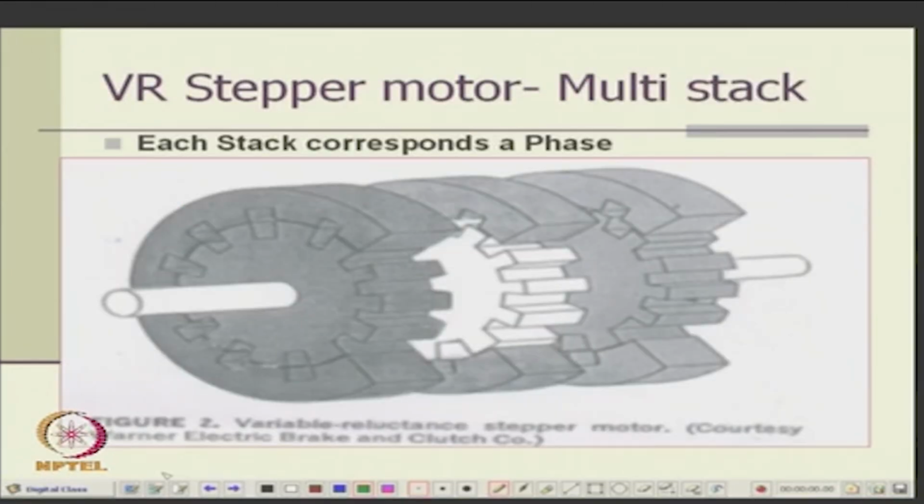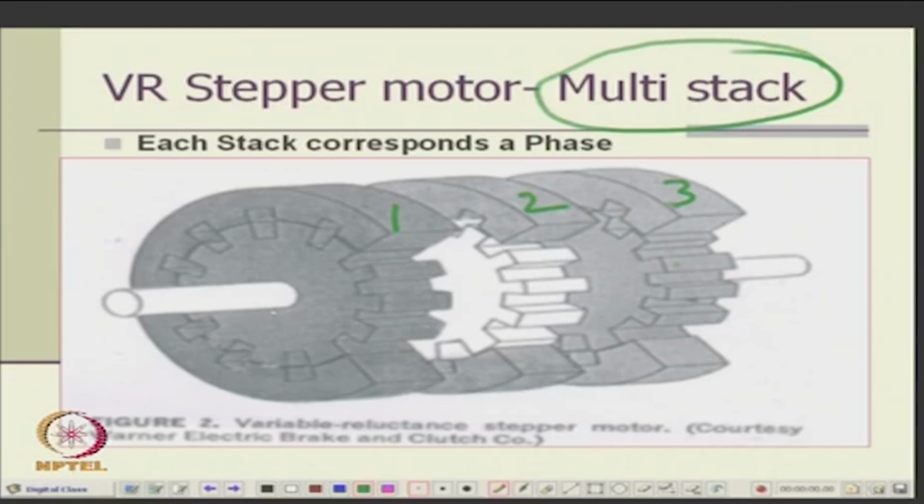Now, this is one variable reluctance stepper motor, multi-stack. Have you understood what this multi-stack is? This is stack 1, this is stack 2, this is stack 3. Now, there is an angle between this rotor stack here, this stack here and this stack here. So, if you excite this first, you can excite this with one phase.